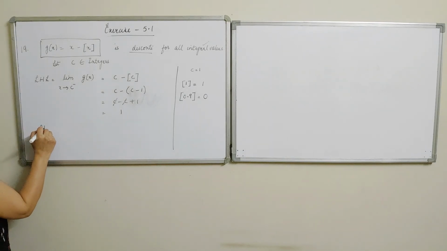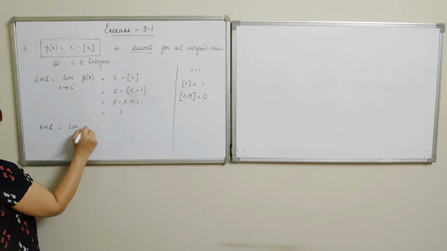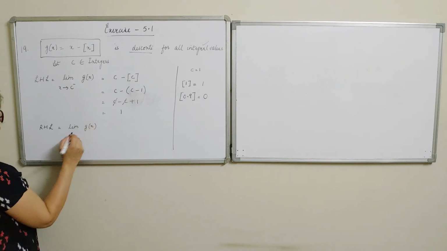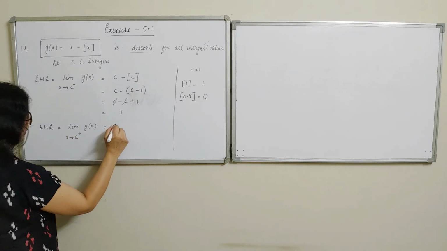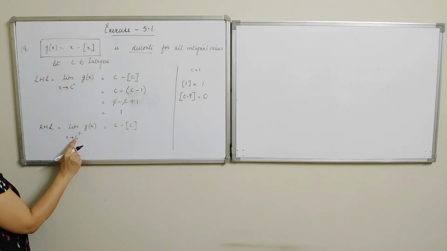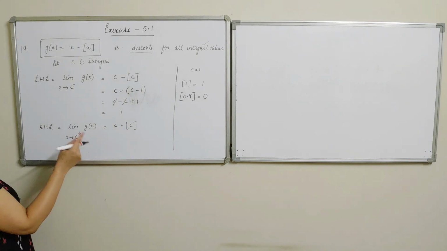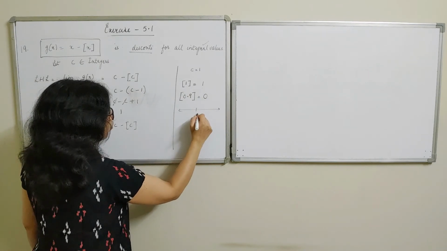Now let us explore and find out the right hand limit. Limit of the function g(x) when x tends to c plus. So here again the expression looks the same, but what is important to note is that now we are approaching the point from the right hand side. That means our point is 1. This is the point 1.